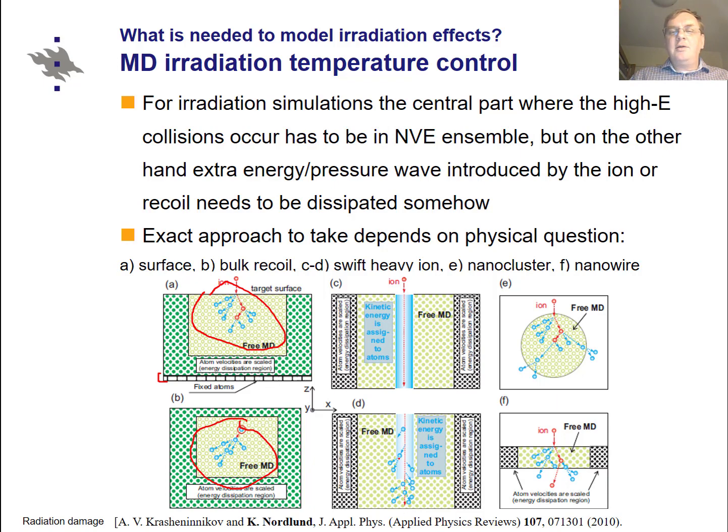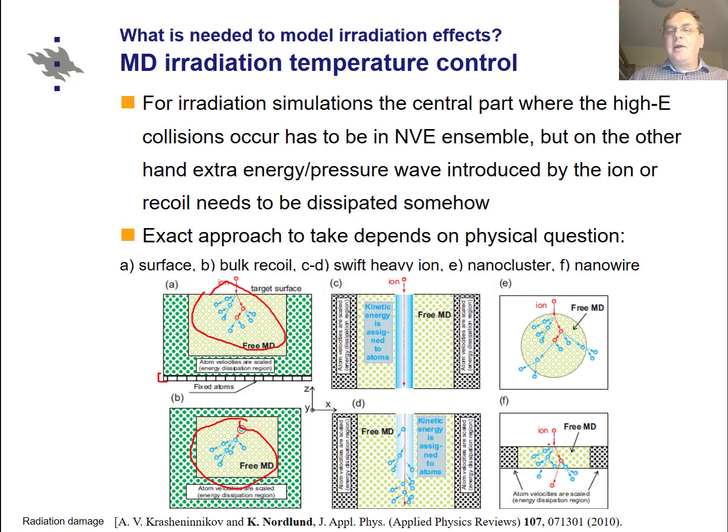Also, if there are lower energy collisions from the swift heavy ion, you may also assign velocity to some of the atoms for the high energy recoil by simulating it explicitly. And this is the simplest: if you simulate radiation of a free nanocluster in vacuum, then you don't need any boundary conditions at all. Then you just make the nanocluster and simulate everything directly with the basic molecular dynamics algorithm, and this is perfectly realistic.